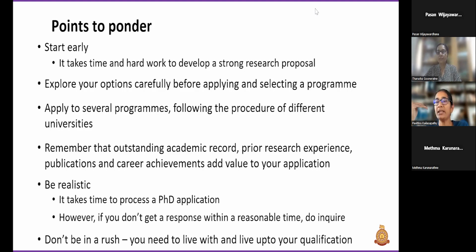So make sure even your research topic, although it's about gender, has economics aspects. In economics there's gender budgeting, and they look at gender from a development perspective as well. So make sure that is there, not just a pure gender topic from a gender department.